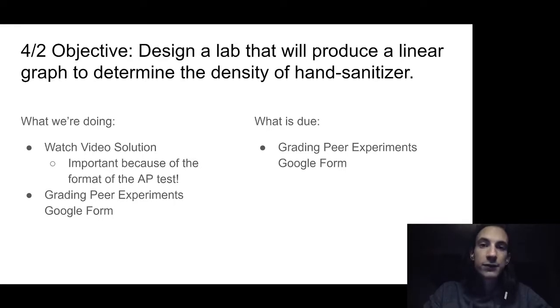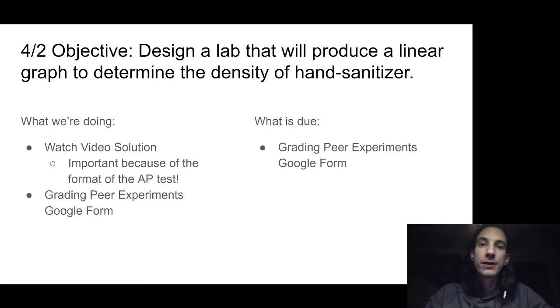And then what I'll do is go through and get some of your experiments and make a Google form where you're talking and saying, hey, I like this part of this person's experiment, I don't like this part of this person's experiment. One of the main things they say is that somebody should be able to replicate your experiment after one read through. So we want to make sure we're being clear, and we want to use our classmates' help to judge that.